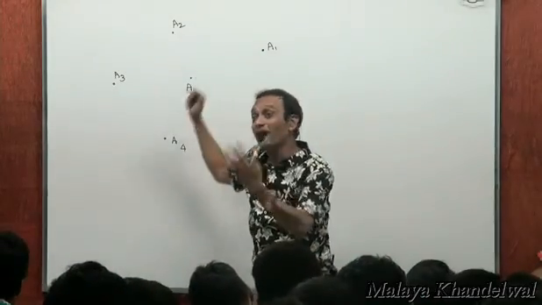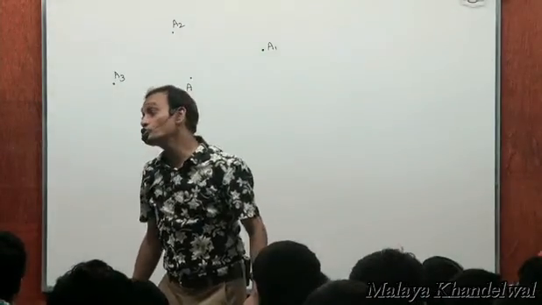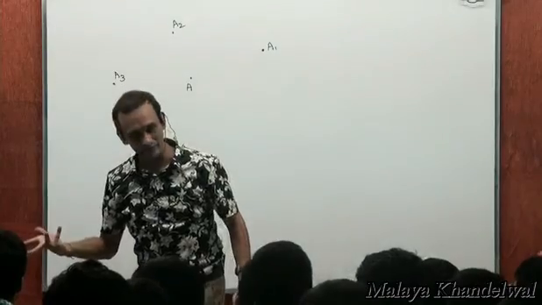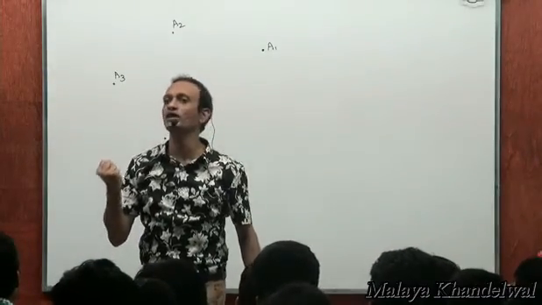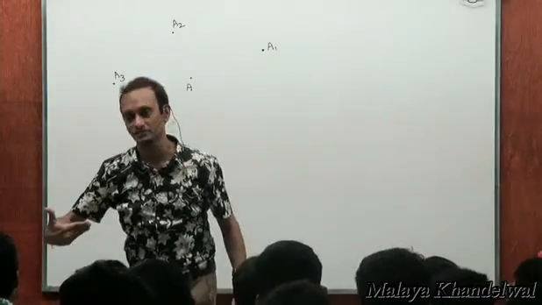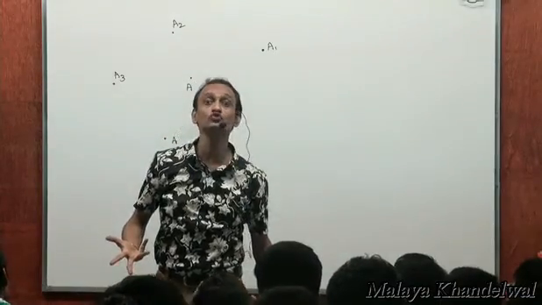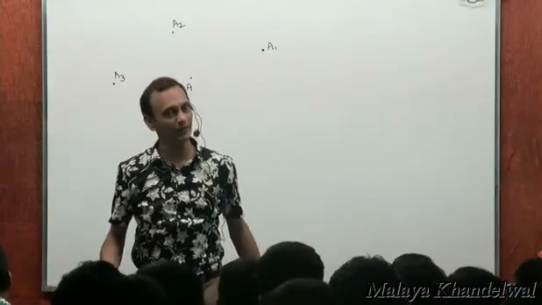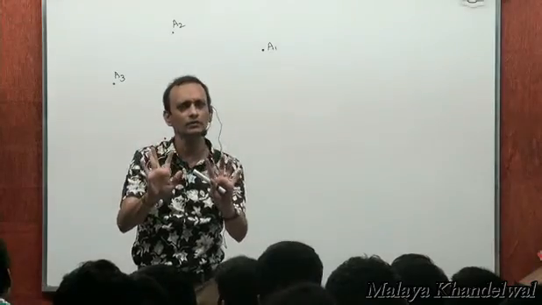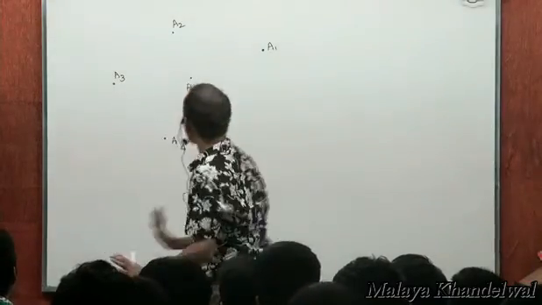And since it's path independent, my choice of path should be convenient. Something that will make my calculation of F dot dR easier. Because it's path independent, why not choose a path that's easiest to deal with? But forget about all that for the time being.